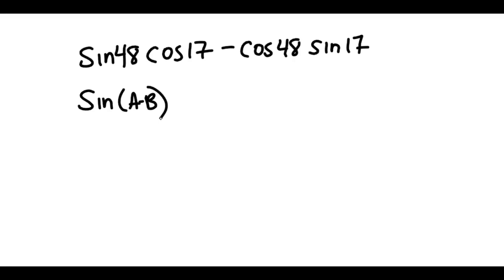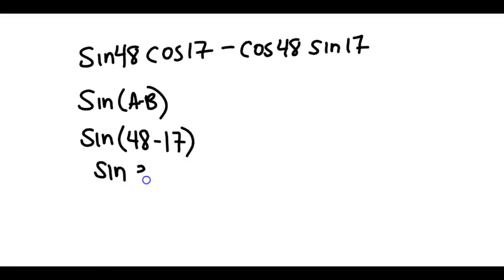So all you have to do is, since we've identified it's the sine A minus B, what's our A in this situation? 48. Okay, so you'll say sine 48. And what's our B then? 17. So you'll go sine 48 minus 17 and you get sine 31. And that would be our answer.